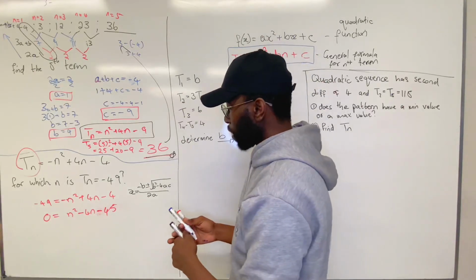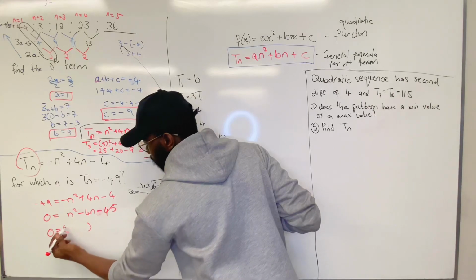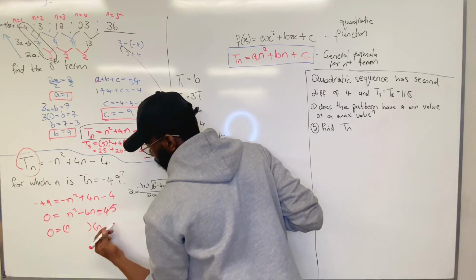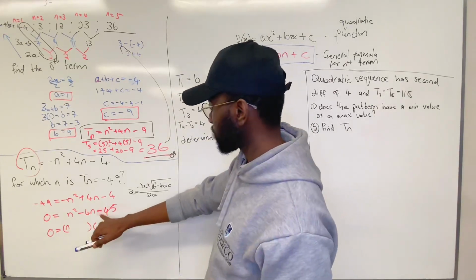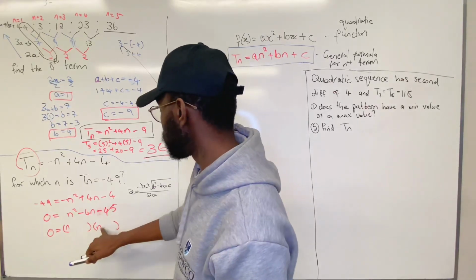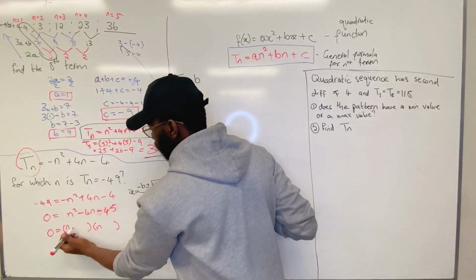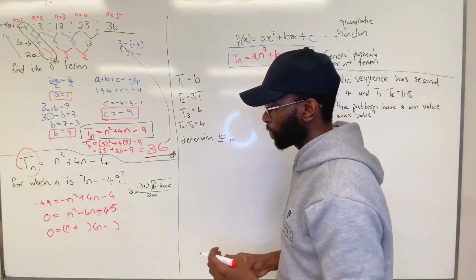So if you quickly factorize, we'll have n, and then remember, because this is negative, that means the signs in these two will be different. So one will have a positive sign and one will have a negative sign.